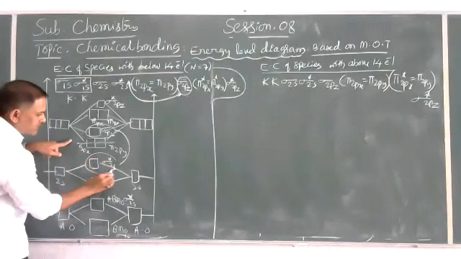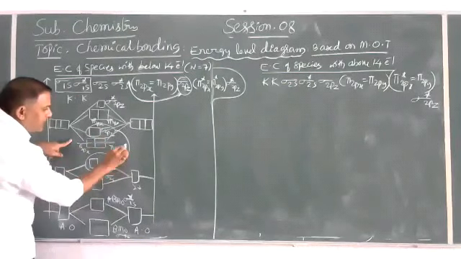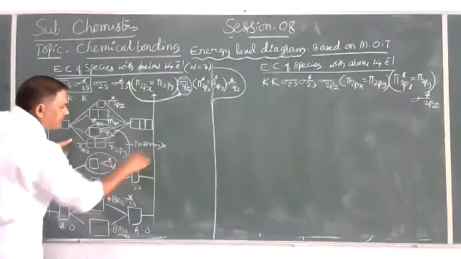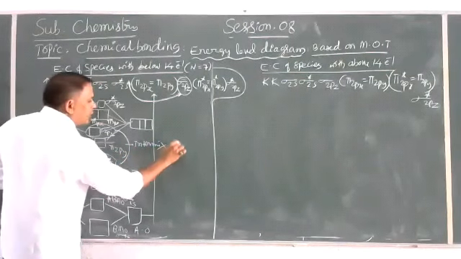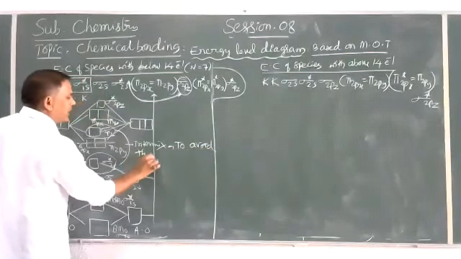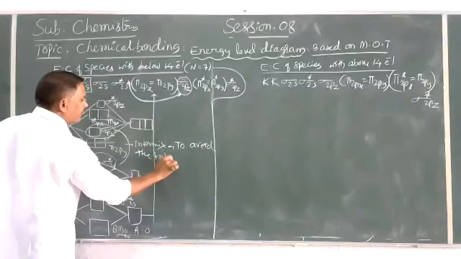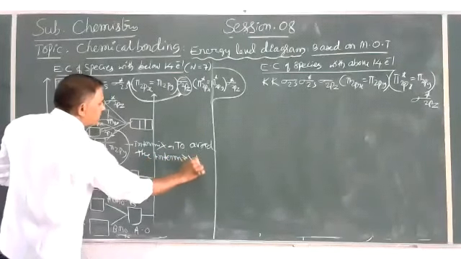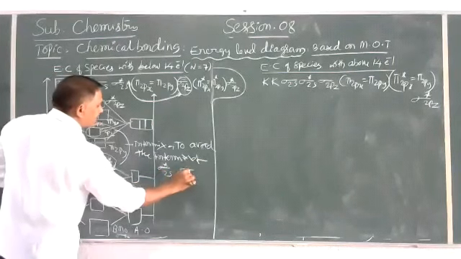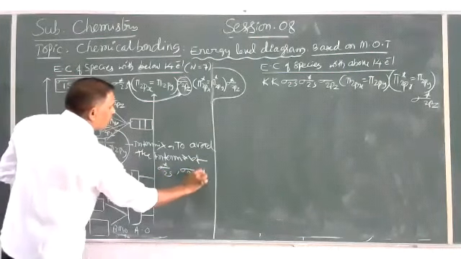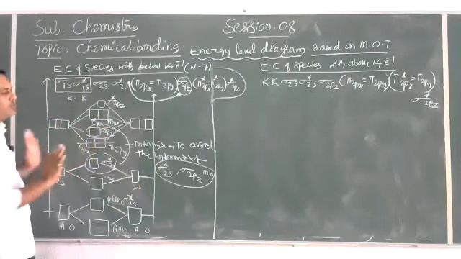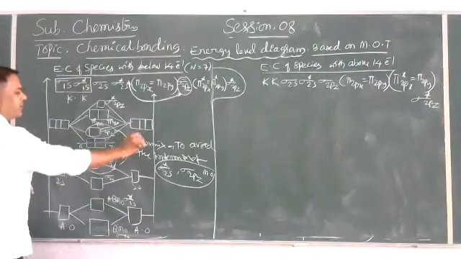Sigma star 2s and sigma 2pz intermix. So to avoid the intermixing of sigma star 2s and sigma 2pz molecular orbitals, just rearrange their energy level, that's all. This is a very, very important concept.